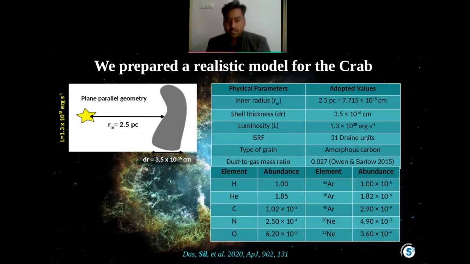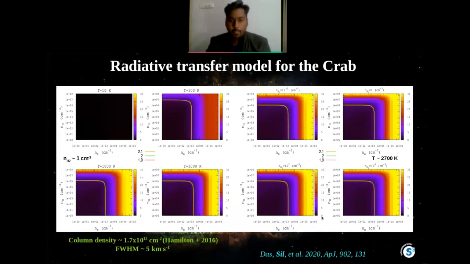These are the physical parameters and initial elemental abundances used in the Priestley and Barlow 2015 paper with their clumpy model 6. From the radiative transfer model using RADEX, we took the column density of ArH+ of the order of 10 to the power 12 per square centimeter from the Hamilton 2016 paper and a line width of 5 kilometers per second.